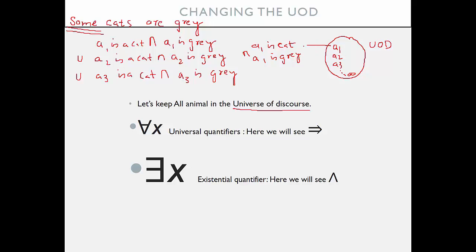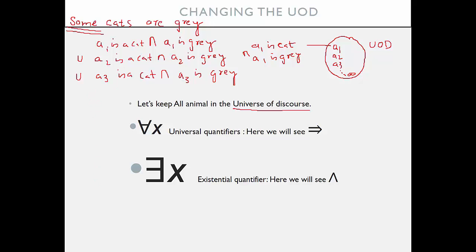So it means that at least there is going to be one animal which is a cat and it's gray. Now let's try to represent it in the form of first order logic representation.